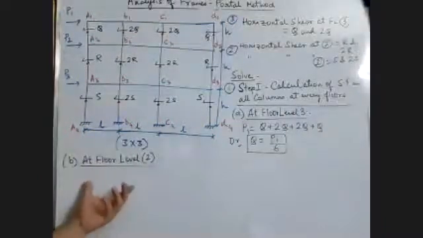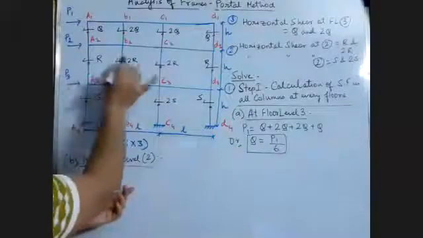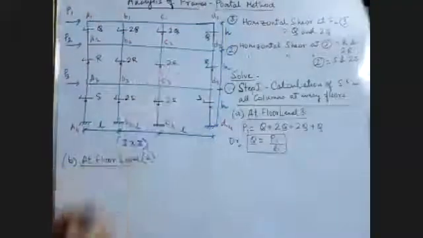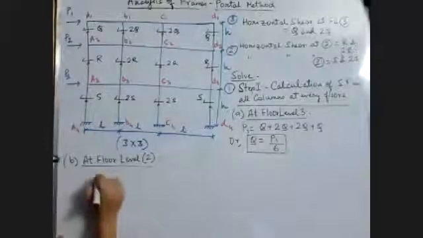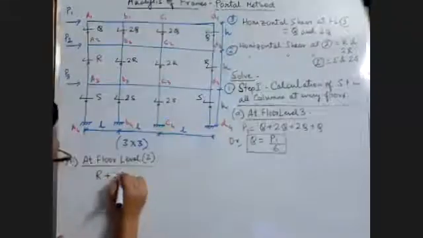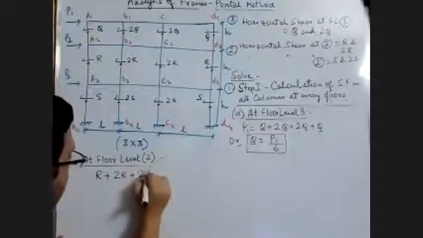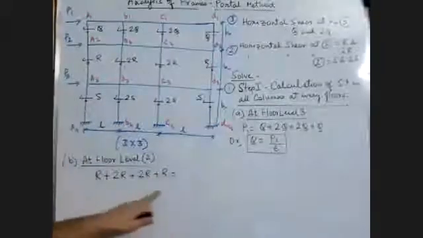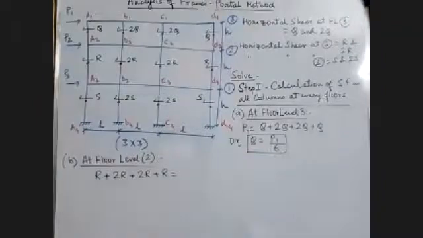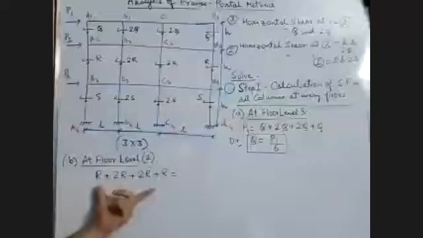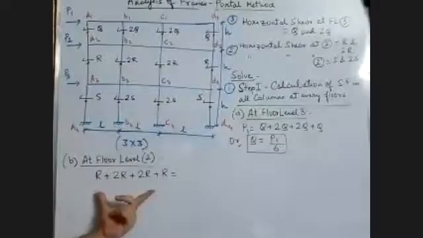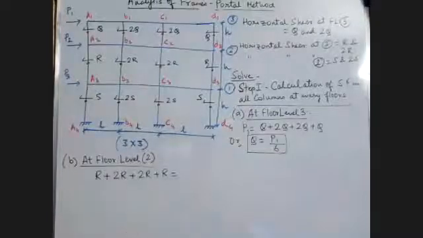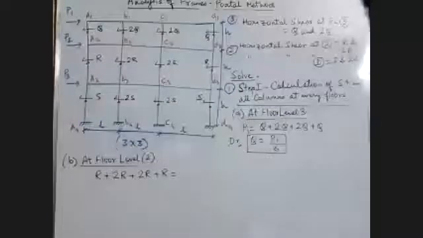R, 2R, 2R, R. So R plus twice R plus twice R plus R. All these are the horizontal shear forces given by the columns in story 2, that means the second floor.